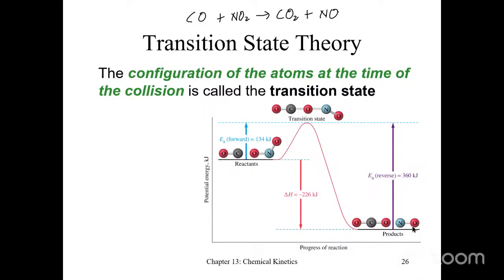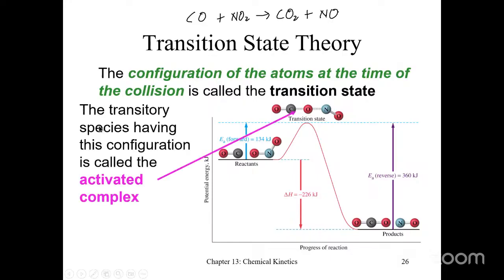And therefore, that would be equal to 360 kilojoules, right? As far as the enthalpy of the reverse reaction, it would be plus 226 kilojoules because you're going in the reverse direction, right? And that's basically how that works as far as the collision theory is concerned.